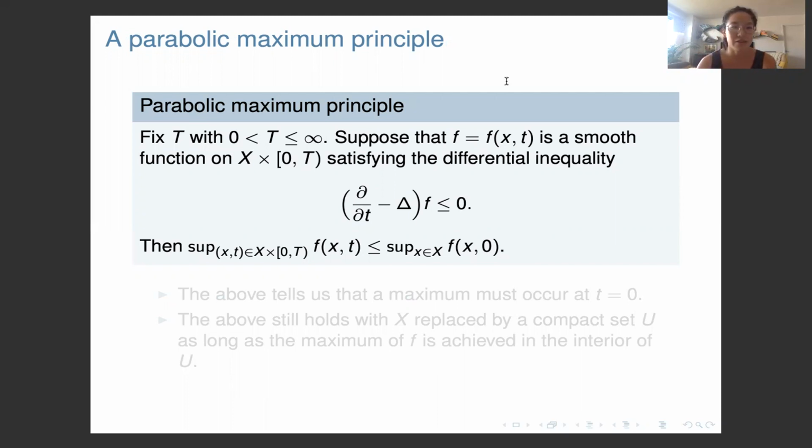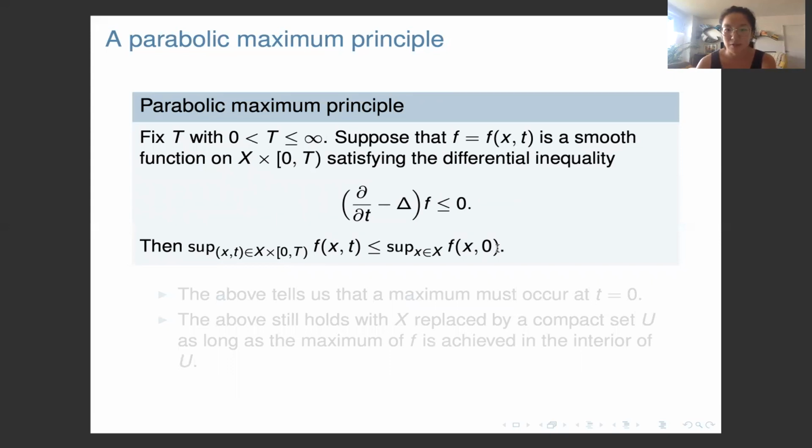So we fix T, some number, could be infinite, and suppose we have a function that varies in both space and time, which is smooth on all of the manifold across the time slice 0 to big T. If it satisfies this heat type differential inequality, d/dt minus the Laplacian of f is less than or equal to 0, then you can conclude that the supremum of this function f on all of x across the time slice is bounded by the sup of the function at time t equals 0.